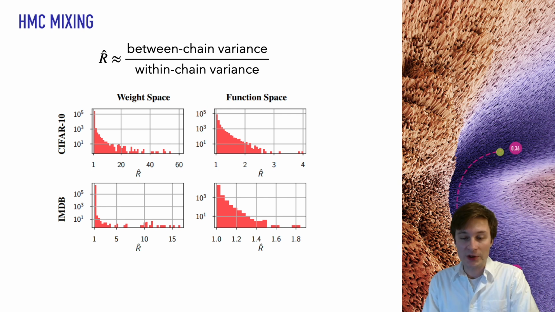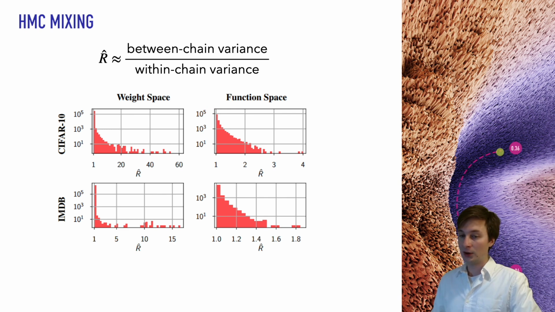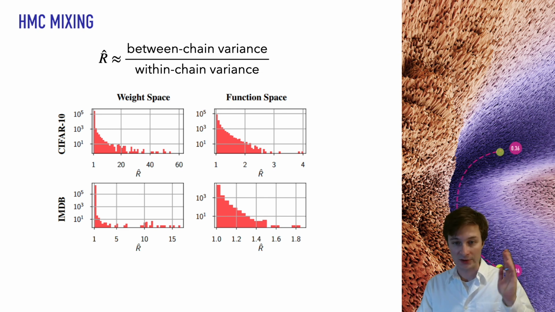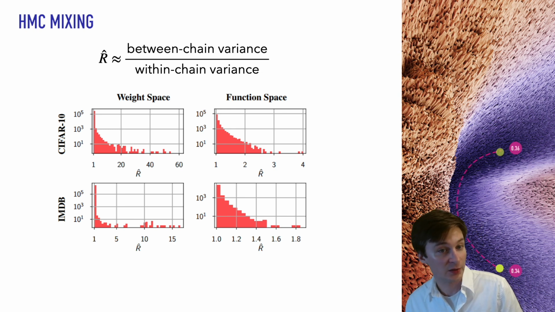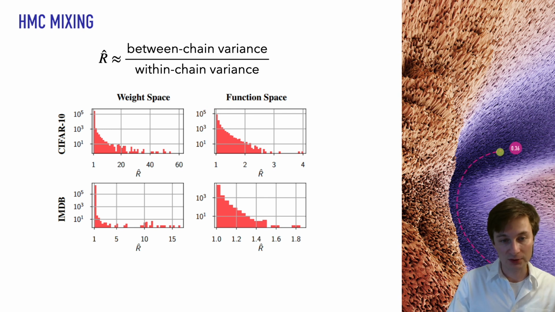And in fact, we do see that both in the weight space, when we compute this R hat metric for the individual weights of the model, and also in the function space, when we look at the predictions on individual data points, the R hats are typically very close to 1. Notice that in this plot that I'm showing here, the y-axis is logarithmic. So the vast majority of the metrics that we computed are very close to 1.